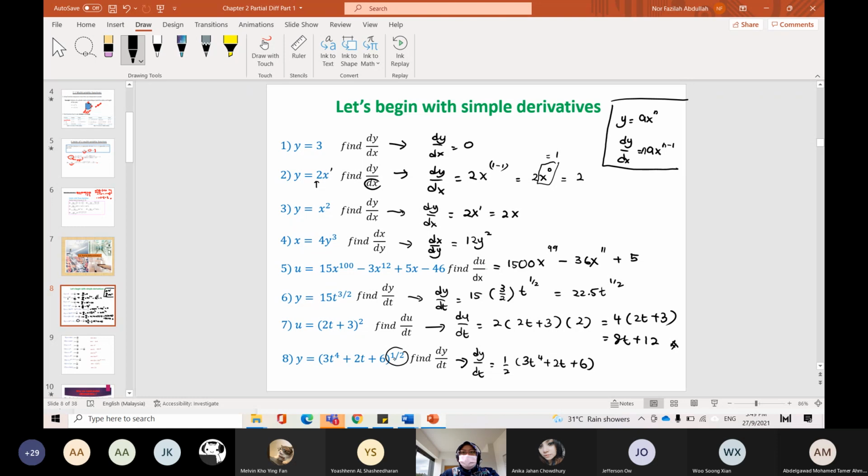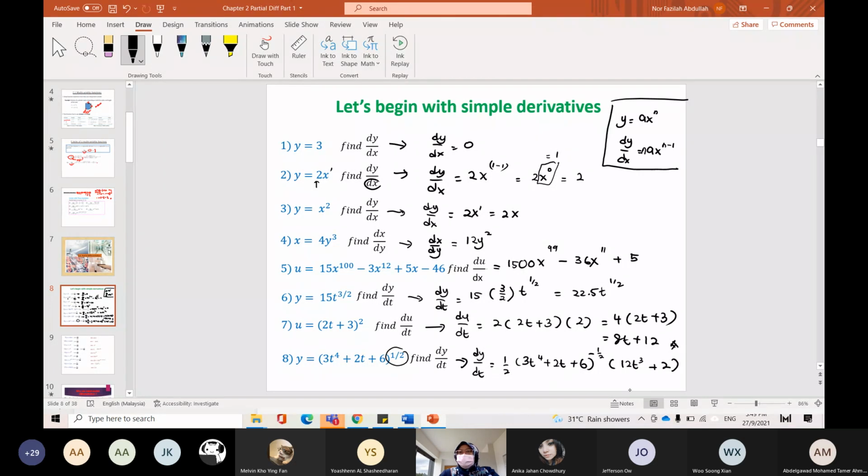So the power here you should minus 1, so it becomes negative 1 over 2. And then you multiply, differentiate. You have to differentiate whatever inside the bracket. So for example here, differentiate becomes 12t power 3 plus 2.